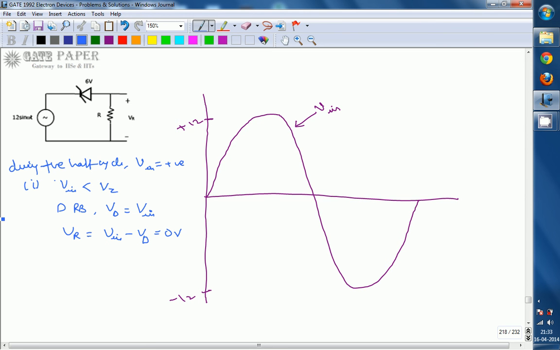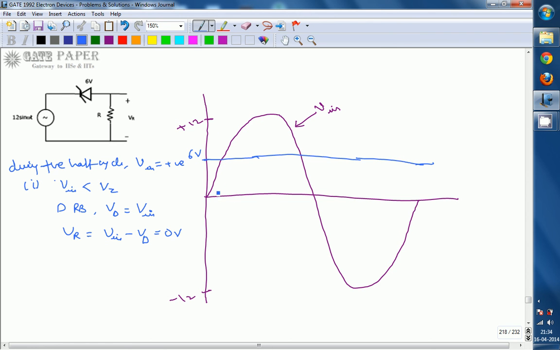So whenever the input voltage is less than Vz, and Vz is 6 volts, indicate it this way: this line corresponds to 6 volts.